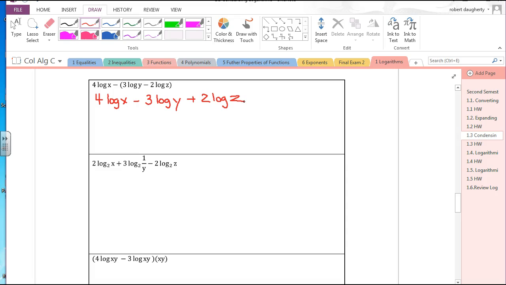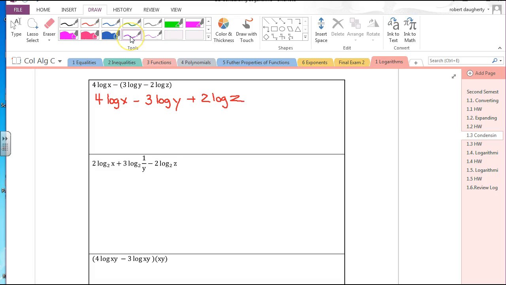Now, I want to get this as the logarithm of one expression. Okay? What do you think I need to do first? Does this look like the log of something? Right. It looks like 4 times the log of something. So to get it to be the log of something, I'll use the power property.